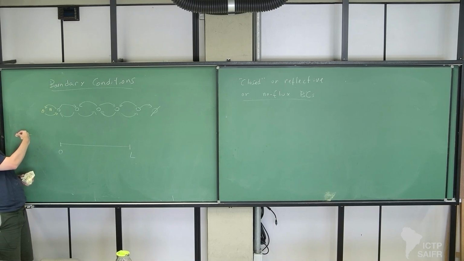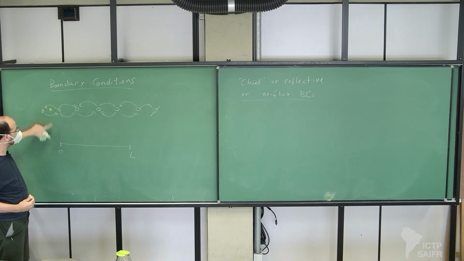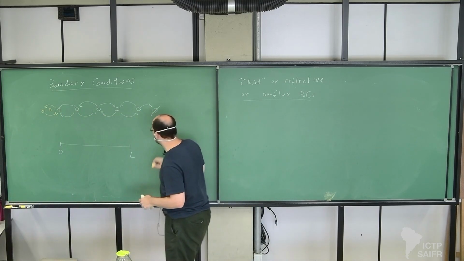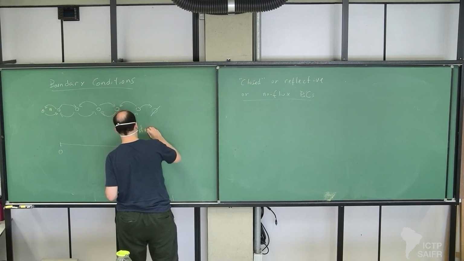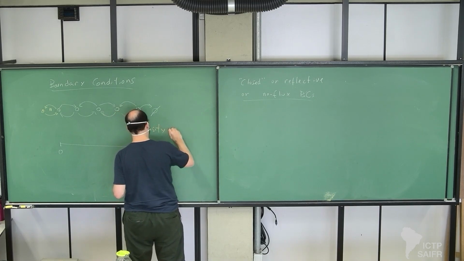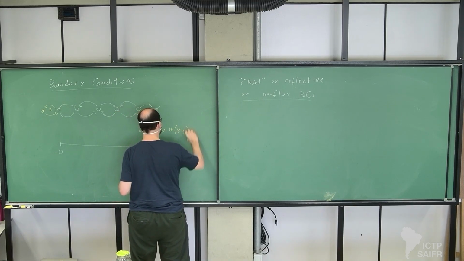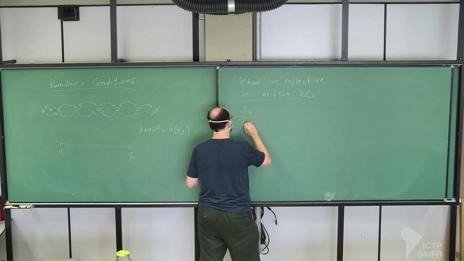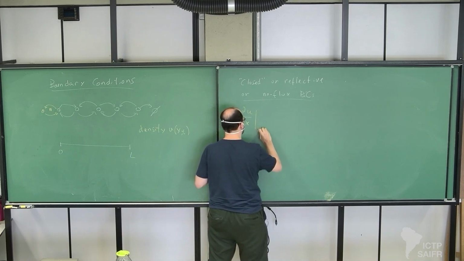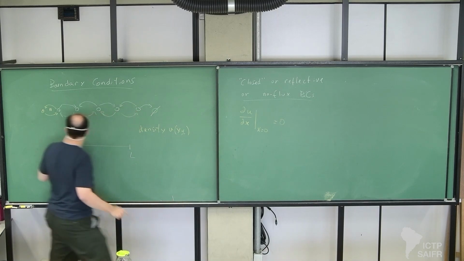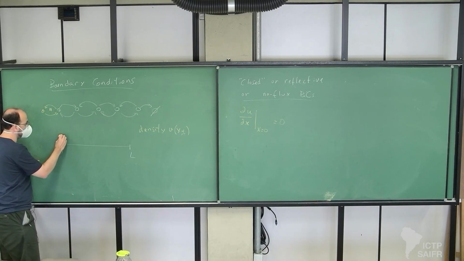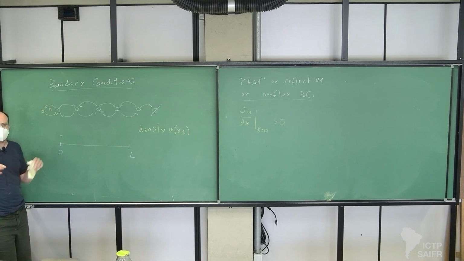So mathematically you express this boundary condition as follows: if I have the density u as a function of x and t, it means that the derivative of u with respect to x at x equal to 0 is 0, because this is a constant here, okay? Does that make a little bit of sense?